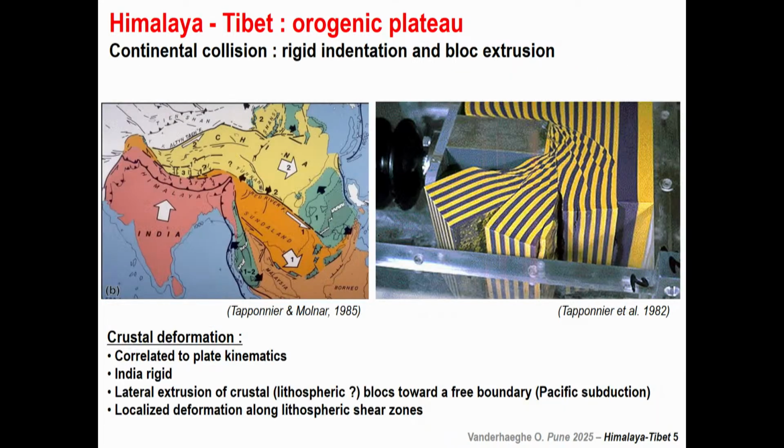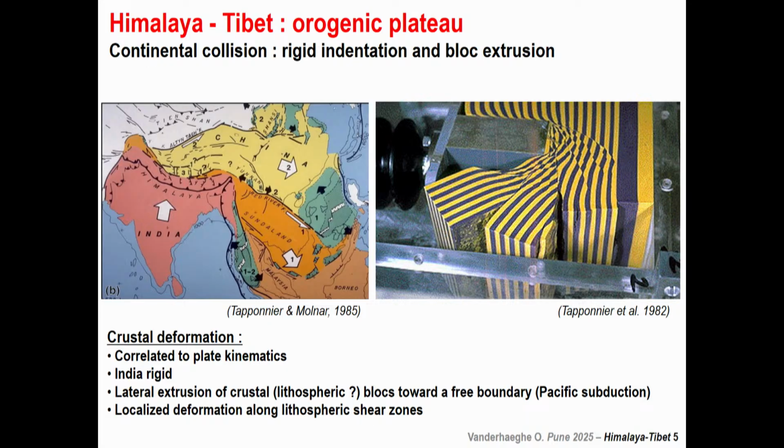So I just remind you about this indentation model, rigid India punching soft Eurasia with extrusion of blocks, and that provided a nice way to correlate plate kinematics with continental deformation. But the main assumption here is that India is rigid and Eurasia is weak.